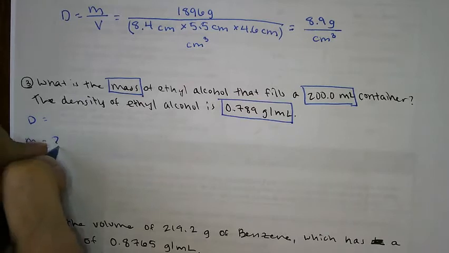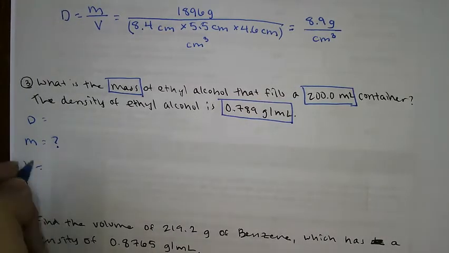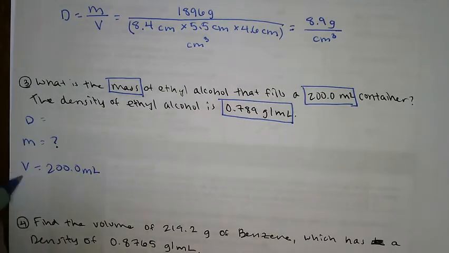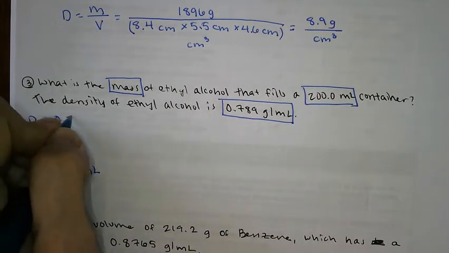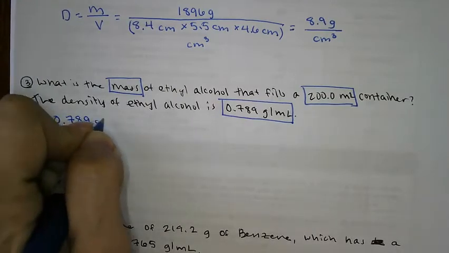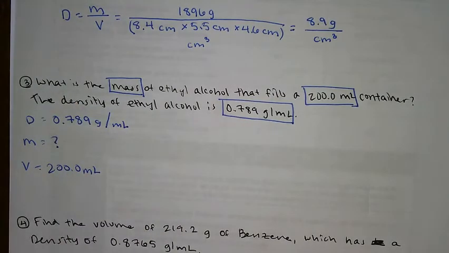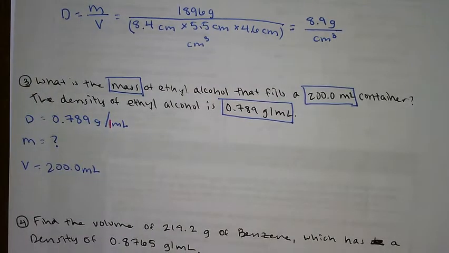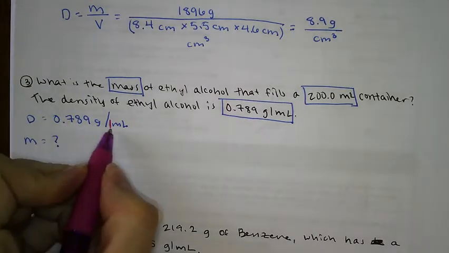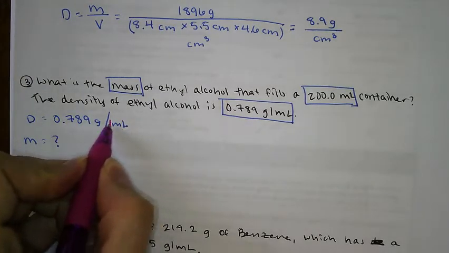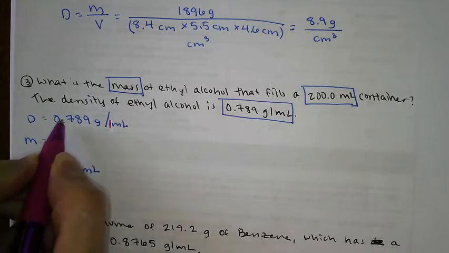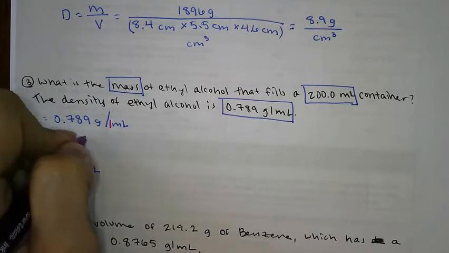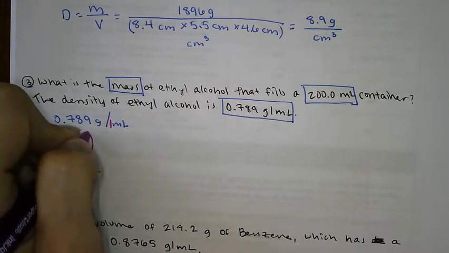What is the mass means that's a big old question mark. 200 milliliter container, that's our volume. The density is 0.789 grams per milliliter. And of course, we know that the invisible number in front of milliliter is 1. All right, and that's important because for every 1 milliliter of ethyl alcohol, that 1 milliliter will have a mass of 0.789 grams.